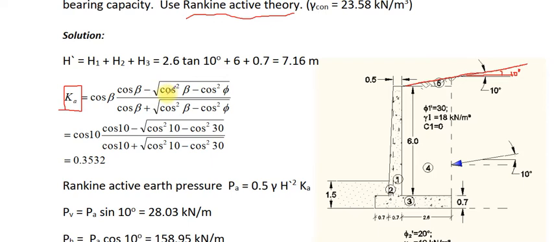Phi is the angle of internal friction of the backfill soil, here phi equals 30. We get the active earth pressure coefficient equal to 0.3532.